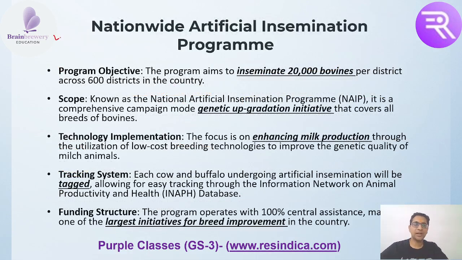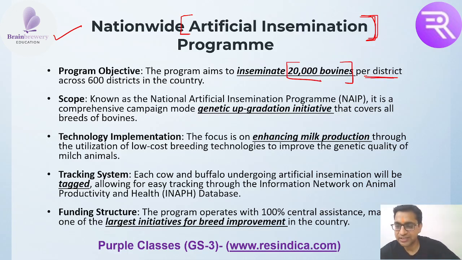Now, the nationwide artificial insemination program. This is yet another program, in which we artificially inseminate the cattle population. We have to inseminate around 20,000 bovines per district.